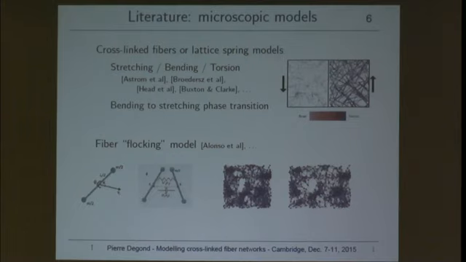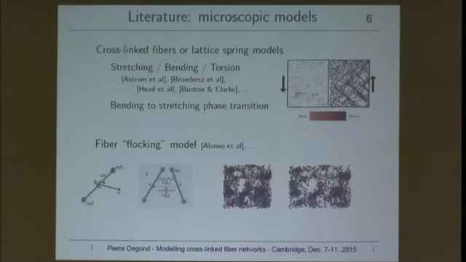Okay, let me give you a few slides about what's been done before, and I'm not pretending that's an exhaustive description, and I'm very happy if you have suggestions of other references. There's been quite a lot of work about what's called lattice spring models. That's basically networks of springs, or sometimes you have also beams, and so they can stretch or bend.